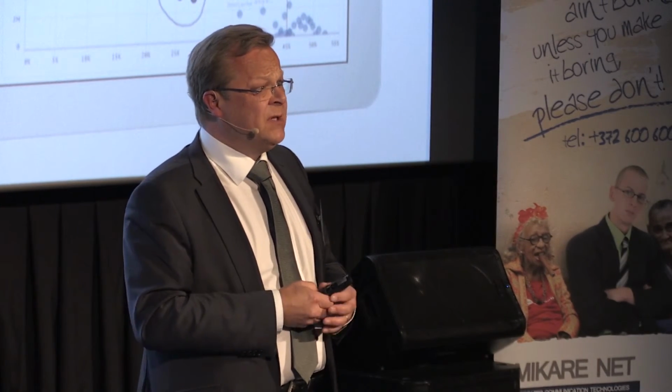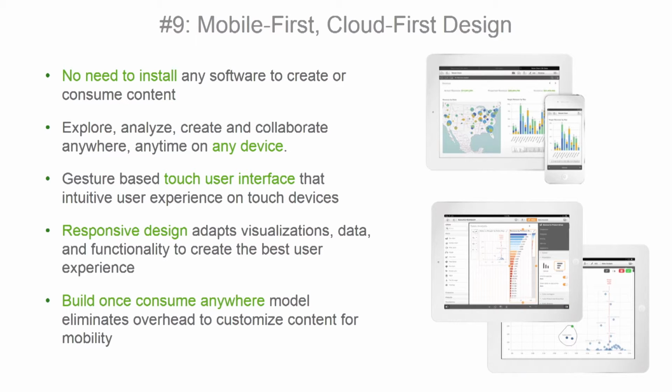As I said, I've been 20-plus years in the BI industry. And believe me, in the 90s we said build once, use everywhere. At that time, that was more marketing. Certainly you could do something, but we didn't have browsers at that time.